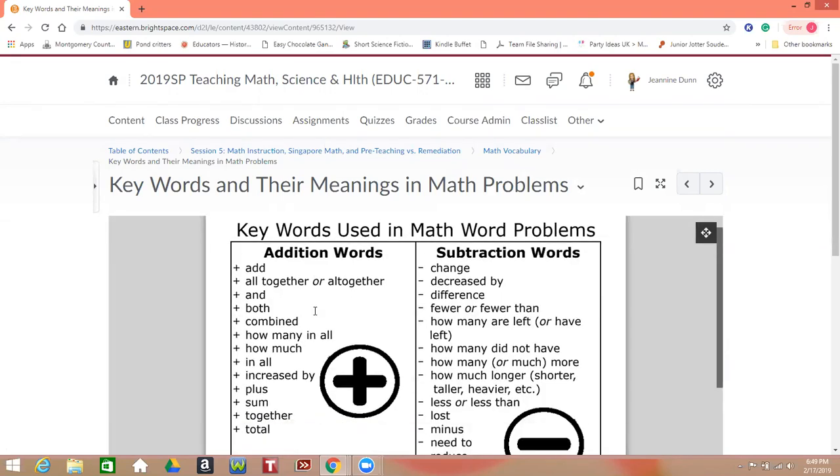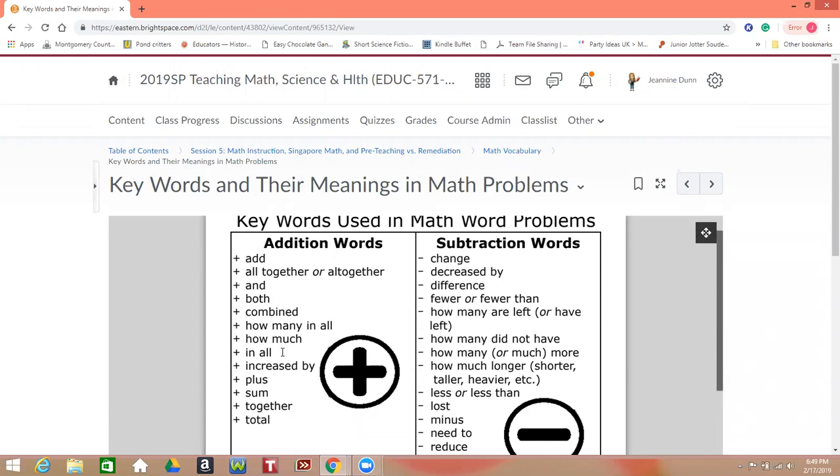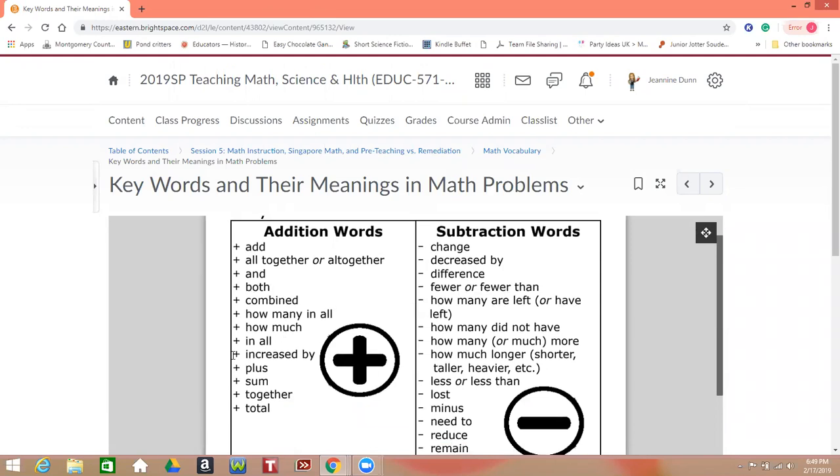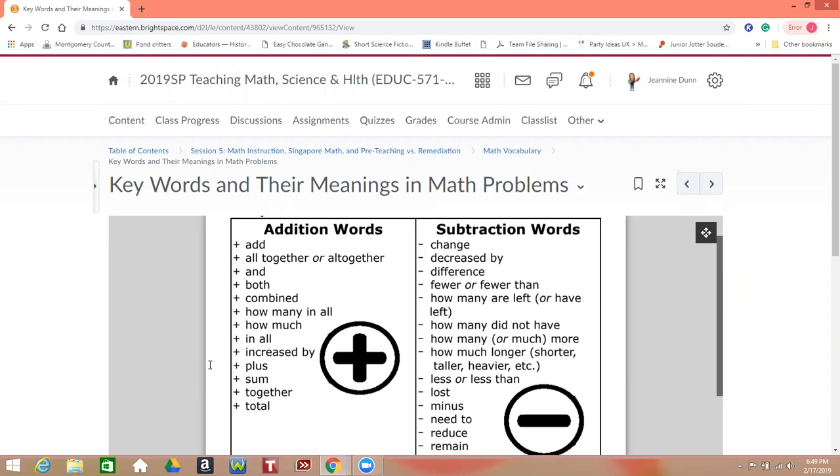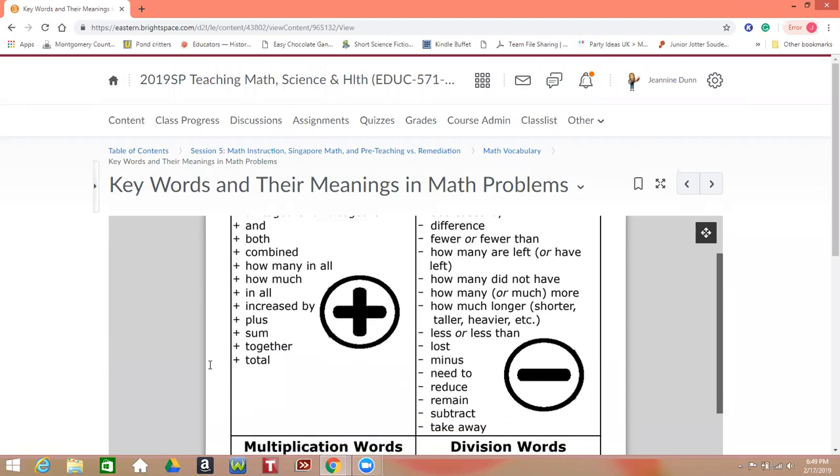It's nice to make an association between words and operations. However, and I think that this all comes into play after they have the concrete understanding of the standard or the skill set that you're working on.